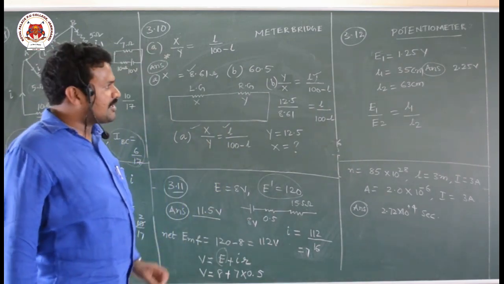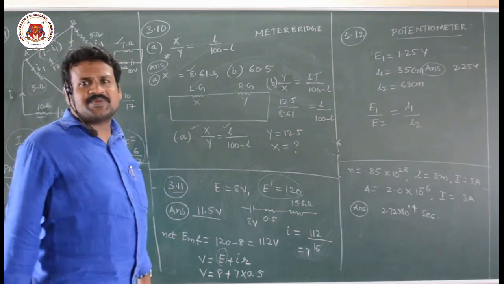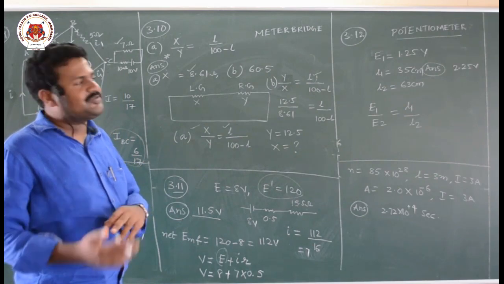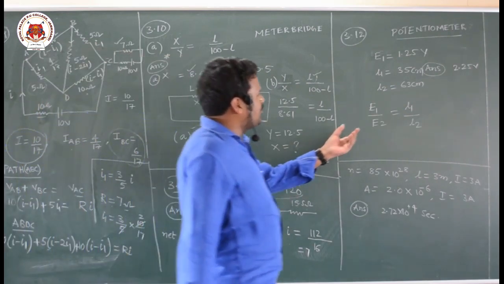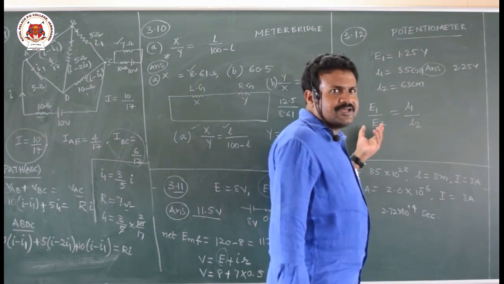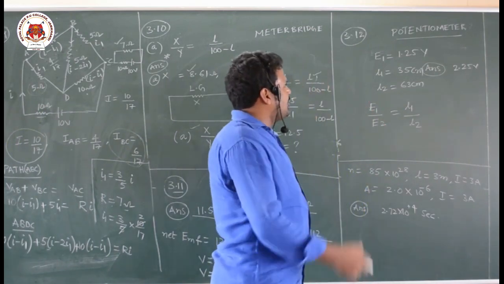By using a meter bridge we can find the resistance of a newly manufactured wire. So here also, if you make a new cell, we can find its EMF by the comparison method of the potentiometer.